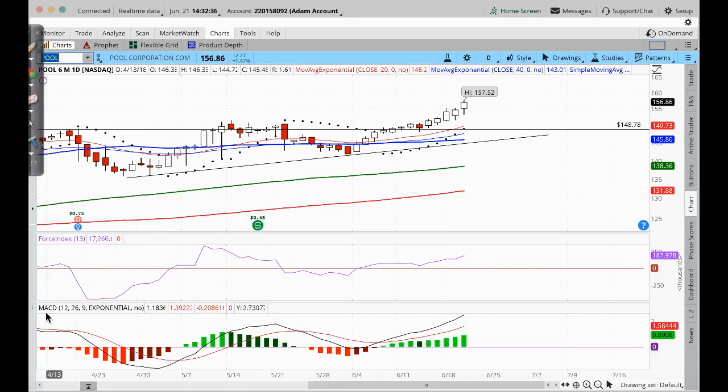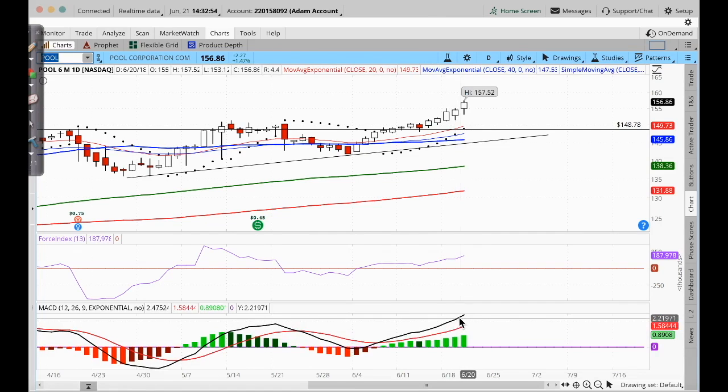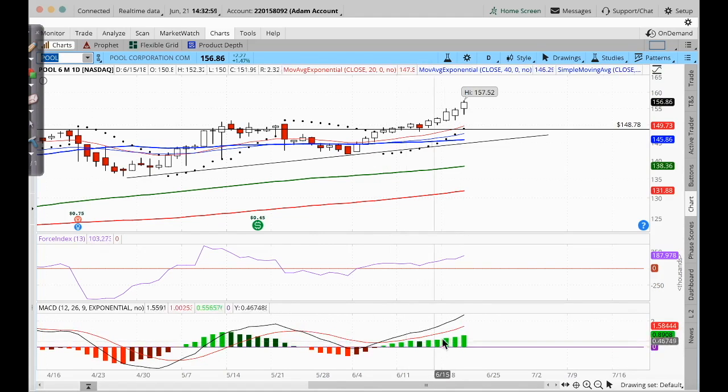Now, MACD is moving average convergence divergence. Don't worry too much about the mathematics and the name, it's how you use it, right? So basically, you see this black line and this red line. Okay, so this black line is the MACD line. And the red line is called the signal line. Now, when the black line is above the red line, notice you see these green bars, right?